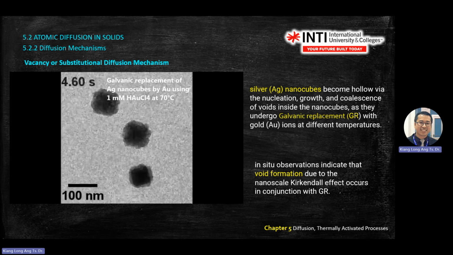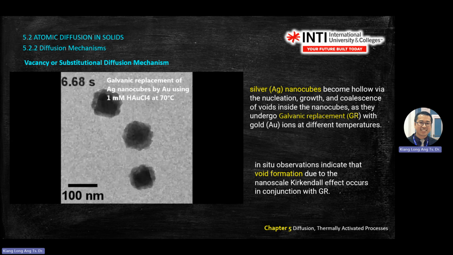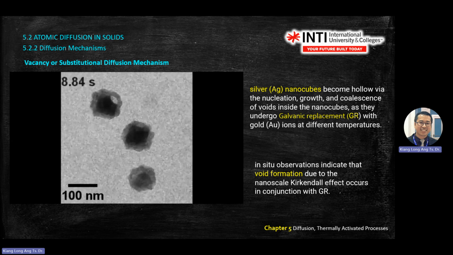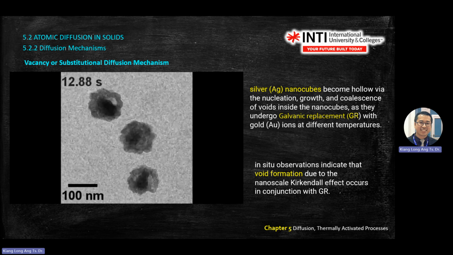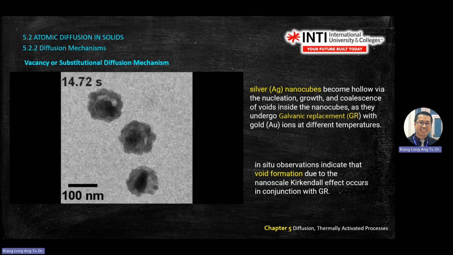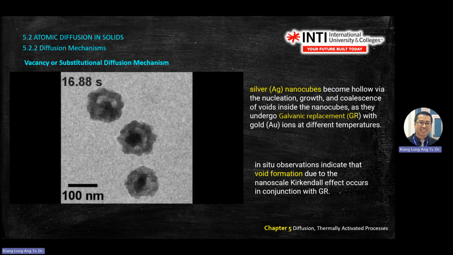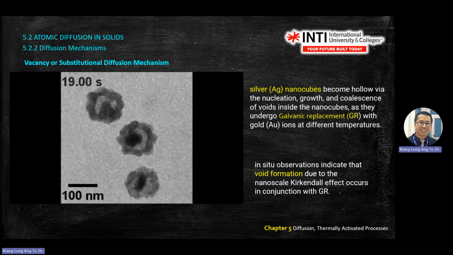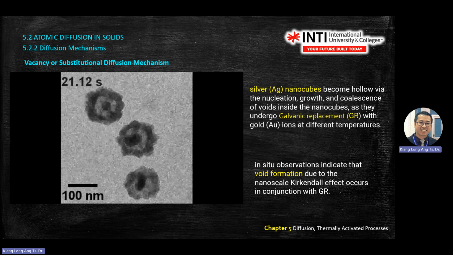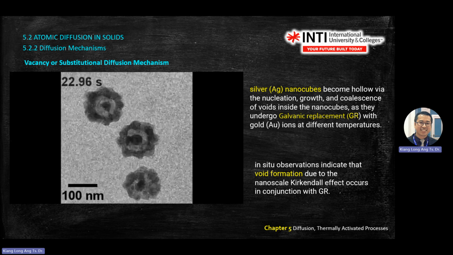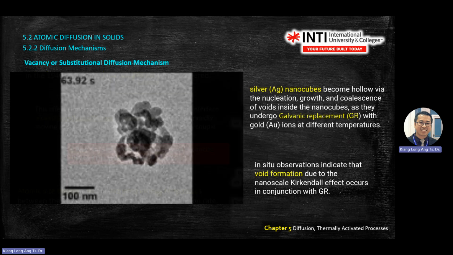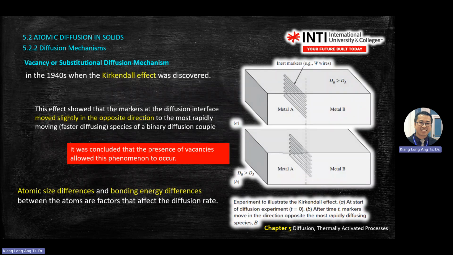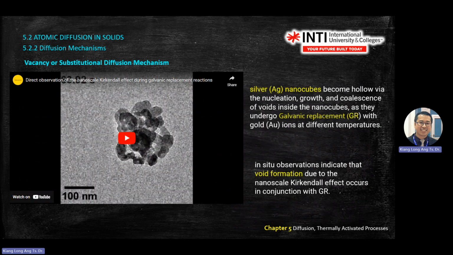You see the thing growing, but what actually happened is that the silver goes from one location to outside, from high concentration to low concentration. It sits into another area. This is called the Kirkendall effect.